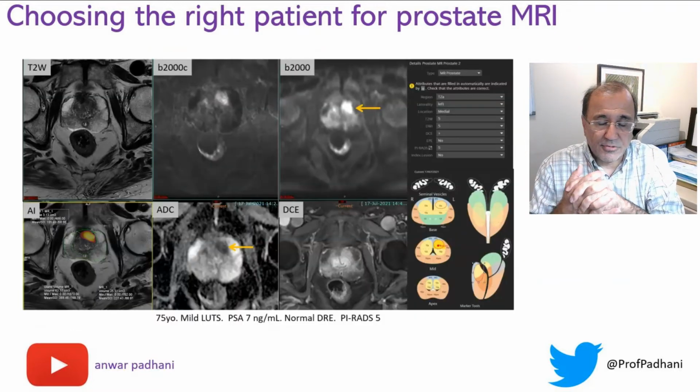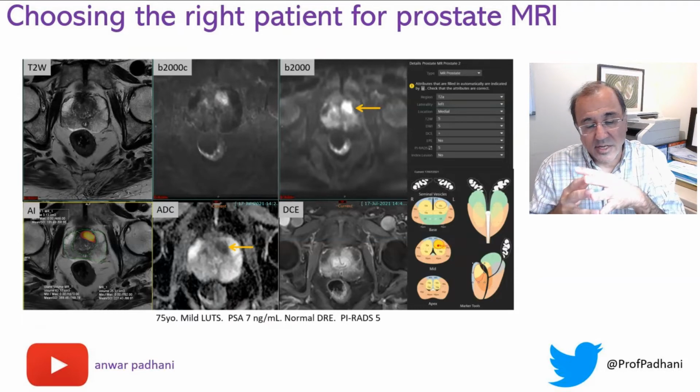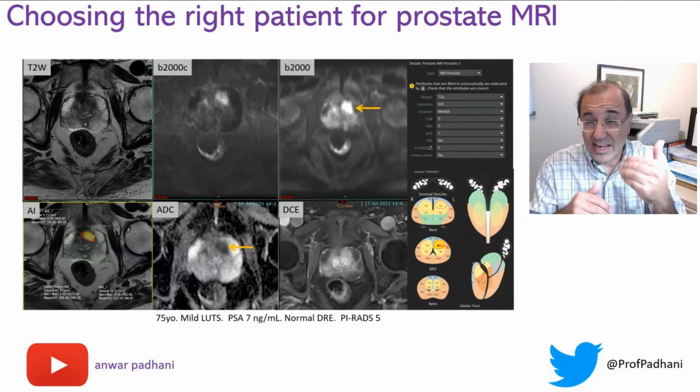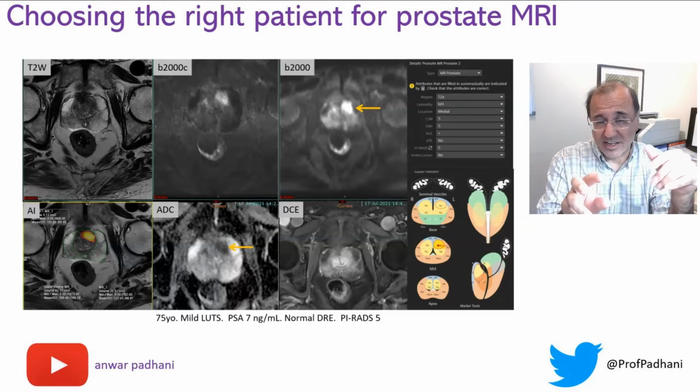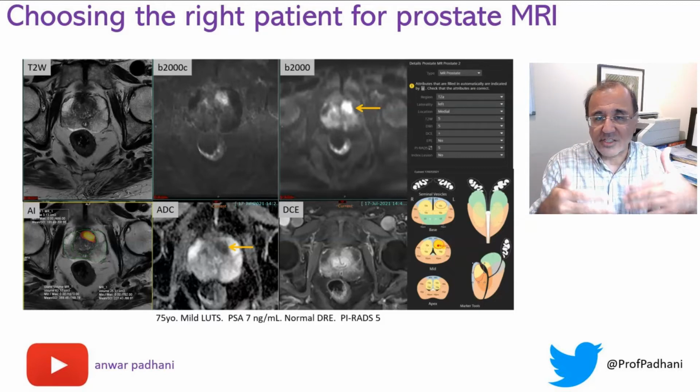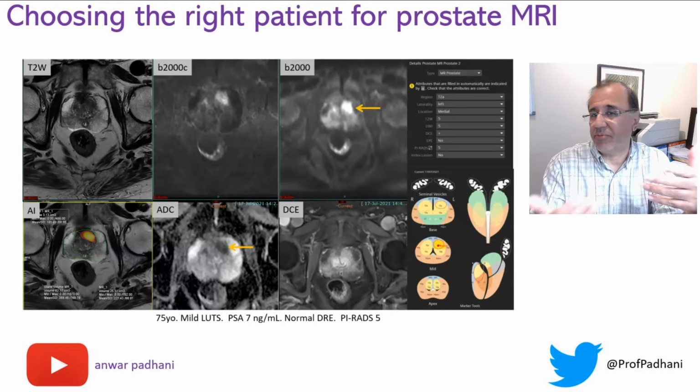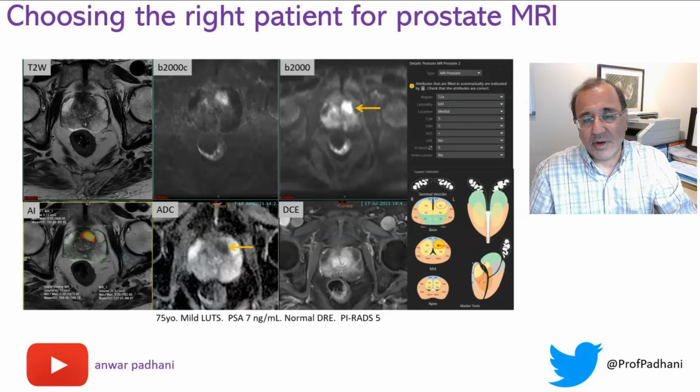Here's a 75-year-old man, mild LUTS, a PSA of 7, a normal DRE, and you can see there is a PIRADS 5 lesion. So the MRI gives you the target, and you biopsy that target, so this man benefits from the use of an MRI compared to a systematic biopsy.